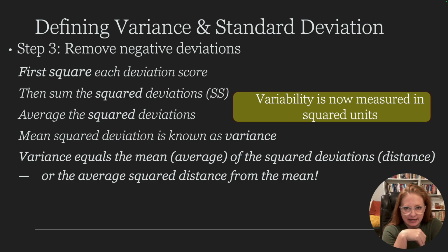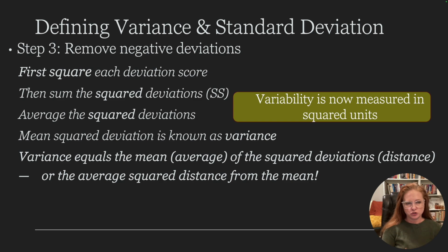If I take away the negative, I can just look at the distance I'm away from the average. Another way you can look at that is if we're both 2 miles away from home, distance doesn't have a negative measurement to it. You can't be negative 2 miles away from home.